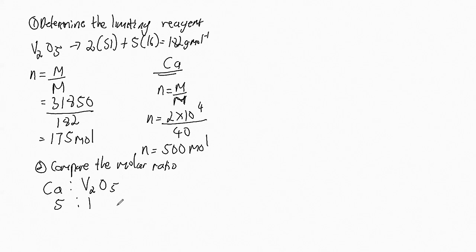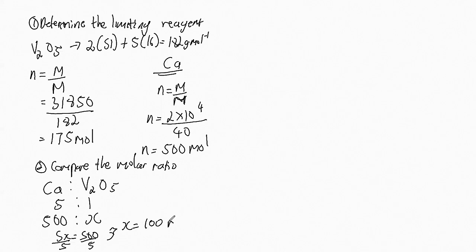Now, let's check how many moles of vanadium pentoxide we need to react with all of that calcium. So we're going to put X here. If we do the maths here, that's 5 times X equals 500 multiplied by 1, which gives us 5X equals 500. Then we have to divide both sides by 5. Now X will be equal to 100 mole.